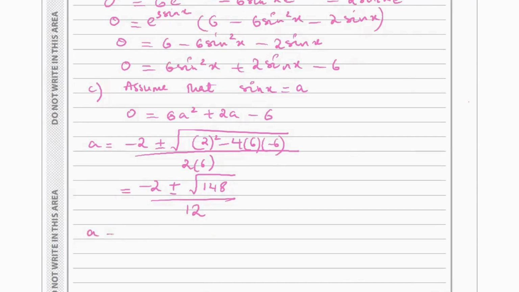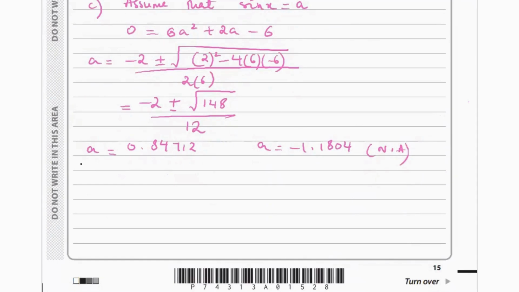So one value of a is going to be 0.84712 and the other value is going to be negative 1.1804. Obviously, we cannot take sine of a negative number. So this is not applicable, and I'm just going to use a equals 0.84712.